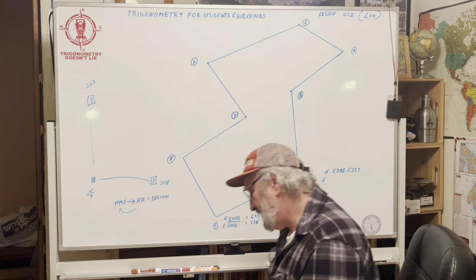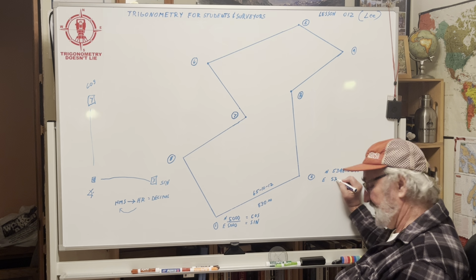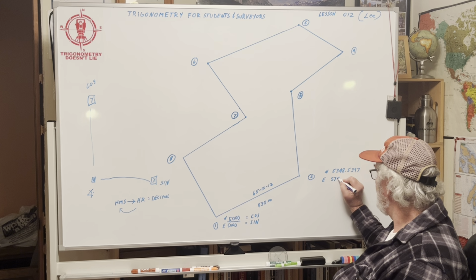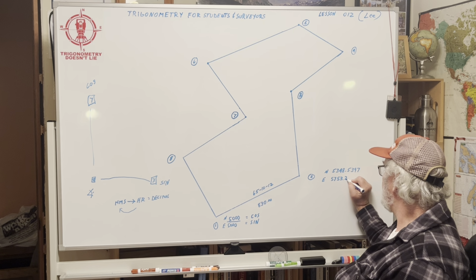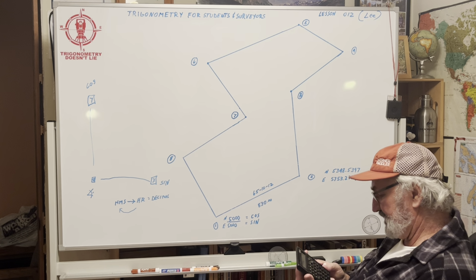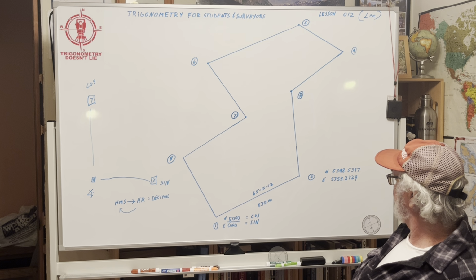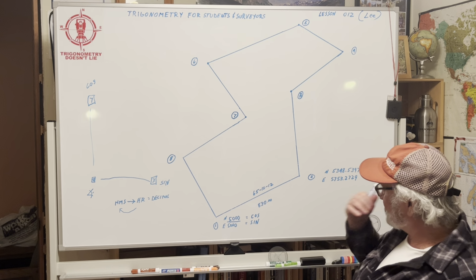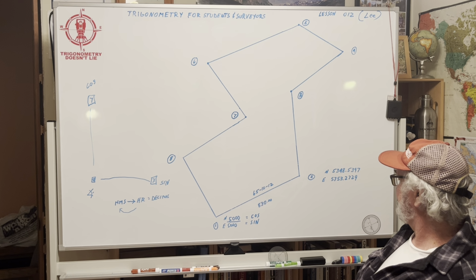Everything's looking good. So 5753.279. There's your northing and easting for number 2 now. And that's the simplest way that I know of to do latitude and departure.